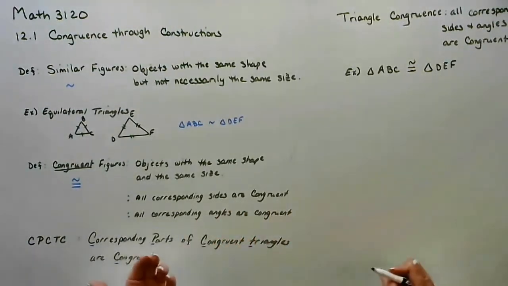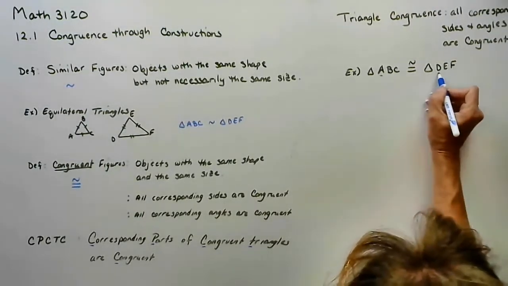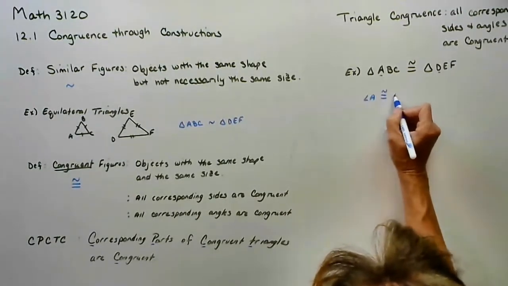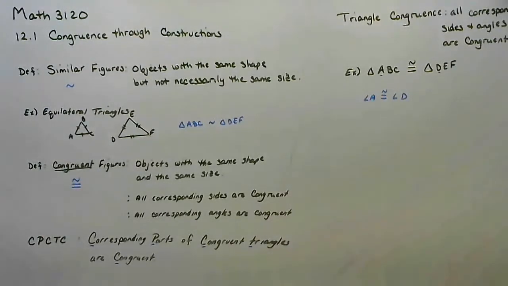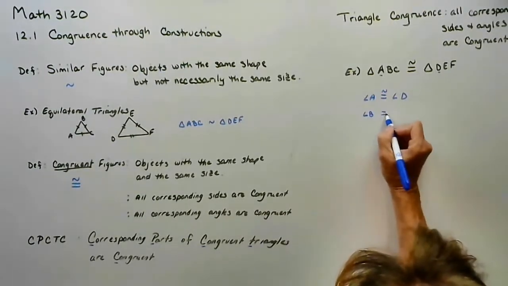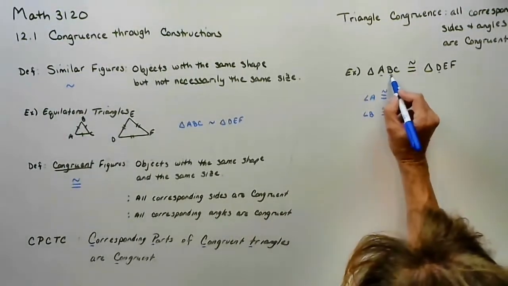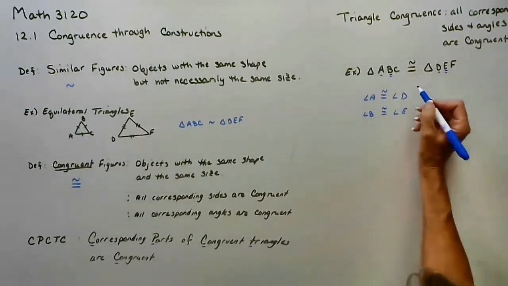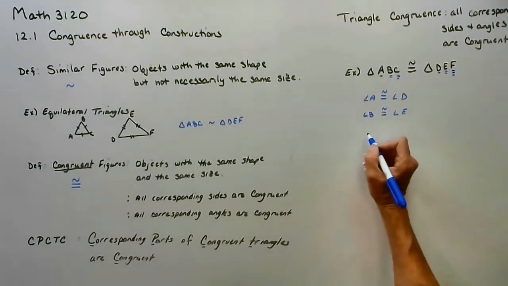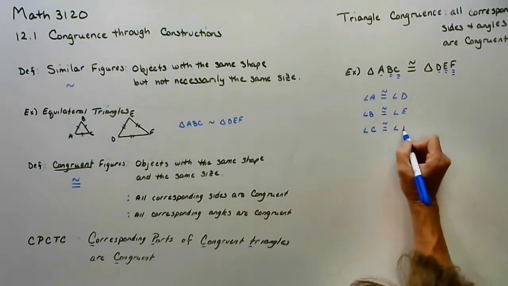So I could say automatically just based on location, okay, angle A corresponds to D. So angle A is congruent to angle D because they both correspond. They're in the same location. Angle B corresponds to angle E, therefore they are also congruent. And then angle C came last, so it corresponds to angle F. And since I told you the triangles were congruent, that means those corresponding angles are congruent.